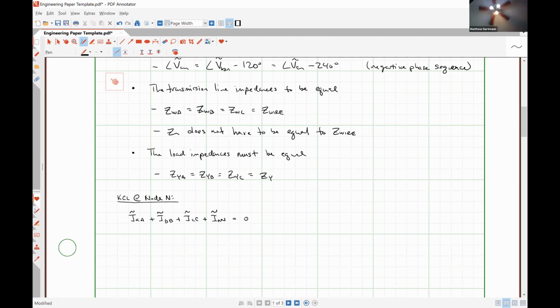And we can use Ohm's law to rewrite those line currents in terms of our voltages.